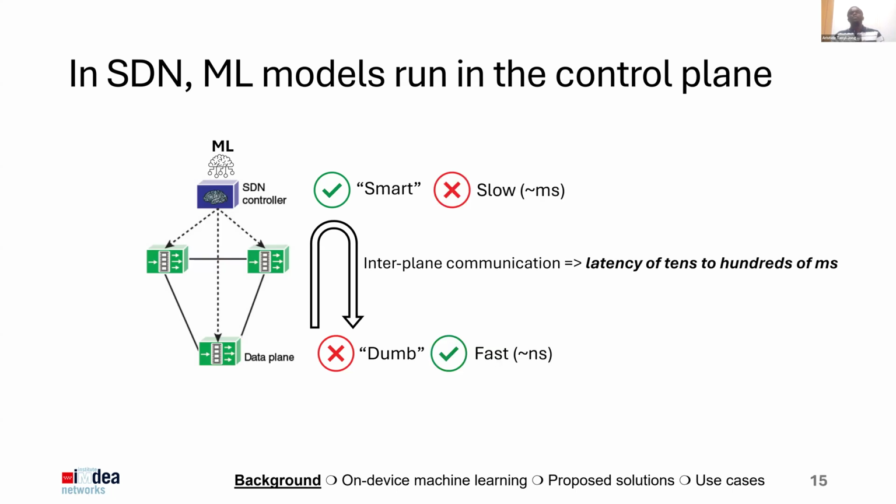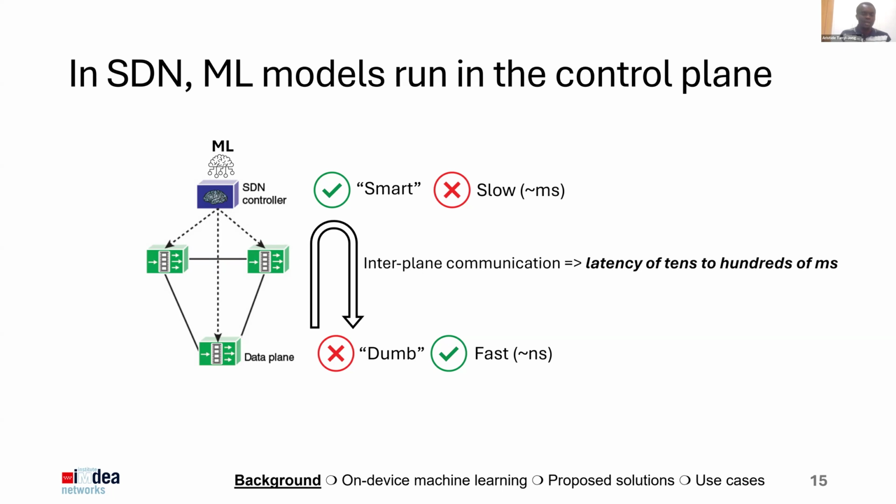However, the control plane is slow in the sense that you are not using an ASIC in the control plane. You have just some server with a NIC, which is not necessarily as fast as the low-level ASIC that you have in the data plane. So control plane operations will typically happen in milliseconds, while a data plane can run things at up to nanosecond levels of latency.